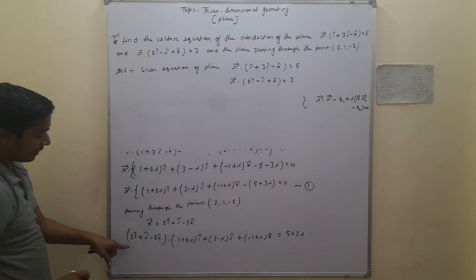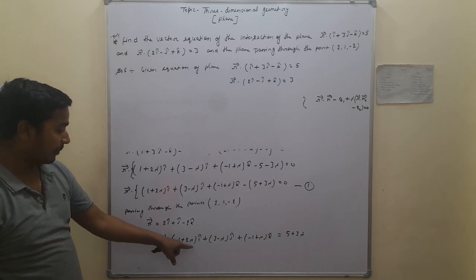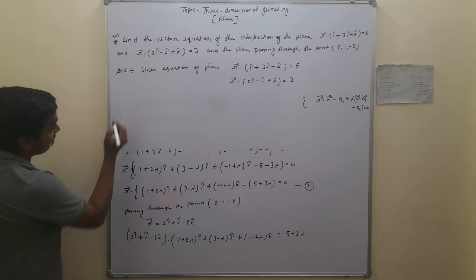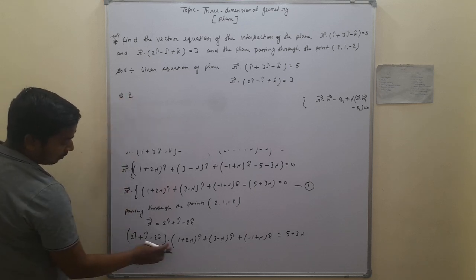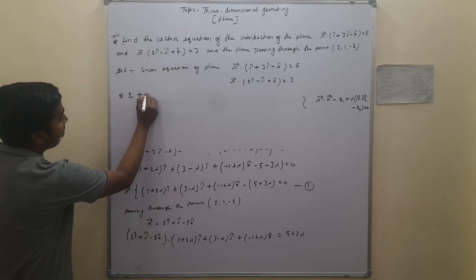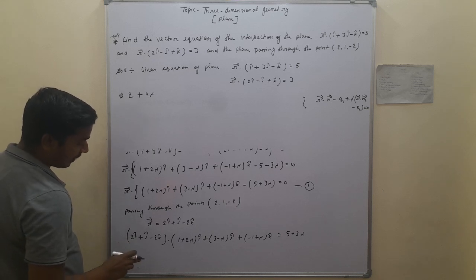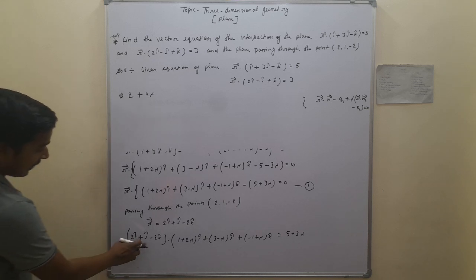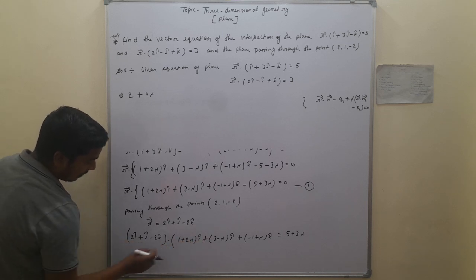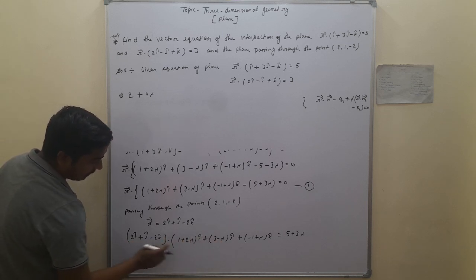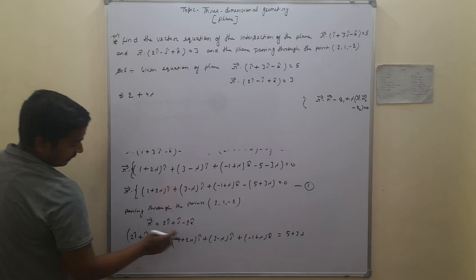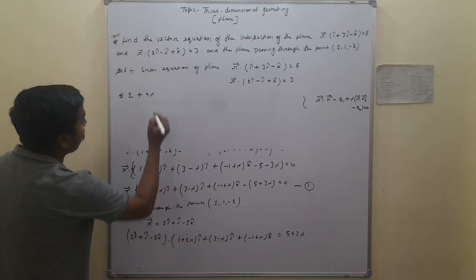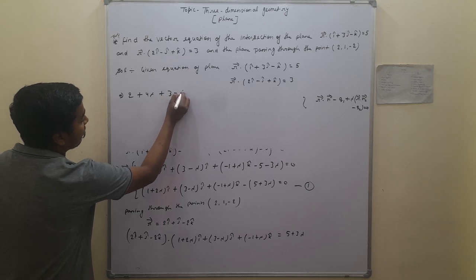Here we have to solve, multiplying 2i with 1 plus 2 lambda, i dot i is 1, so we write 2 plus 4 lambda. Similarly, we multiply j cap with j cap, j dot j is 1, and the coefficient of j is 1, so multiplying 1 with 3 minus lambda we get 3 minus lambda.